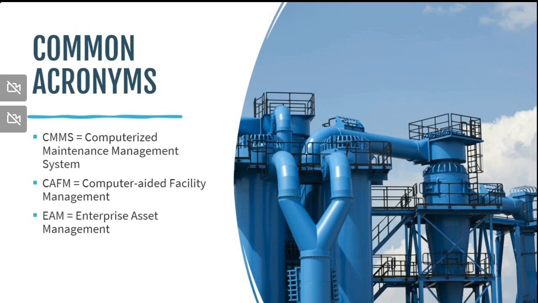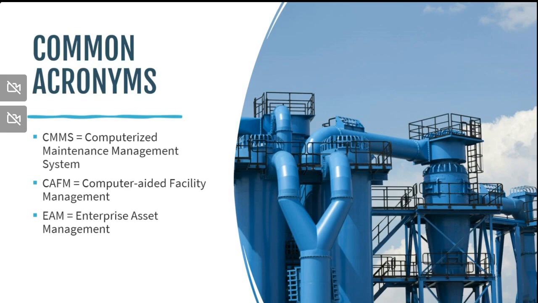These really mean the same thing. So when you hear these different terms as we go through this presentation, or even in the market, there's a lot of similarity with these acronyms, and they relate to basically the same thing, which is managing our assets inside of our organization.